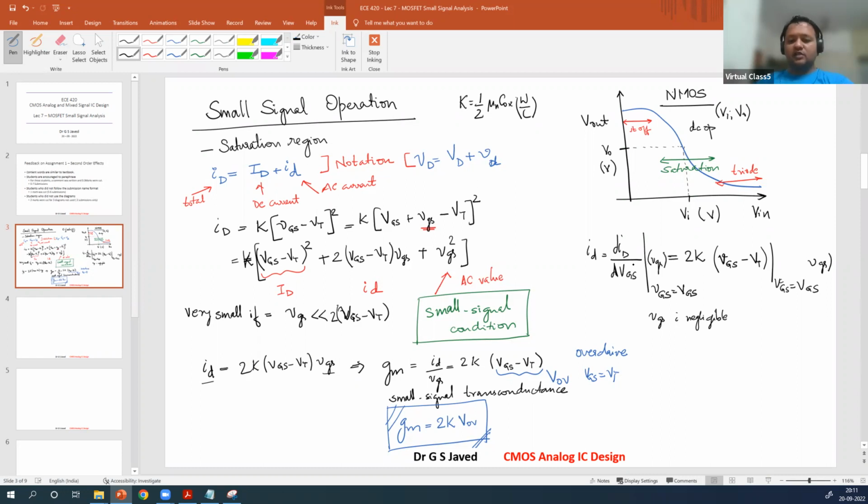So this equation is what you will use to derive. I'm going a little slow because this is important information.